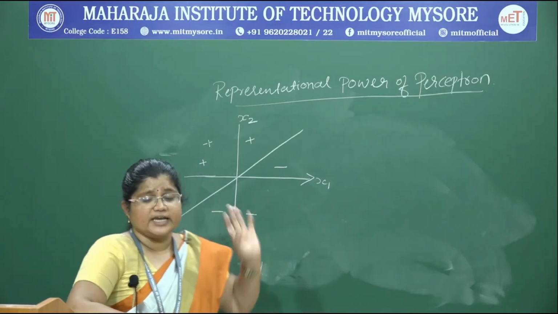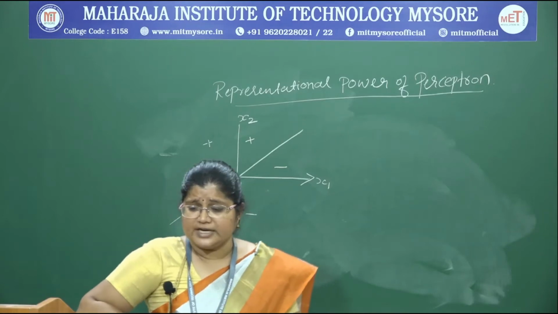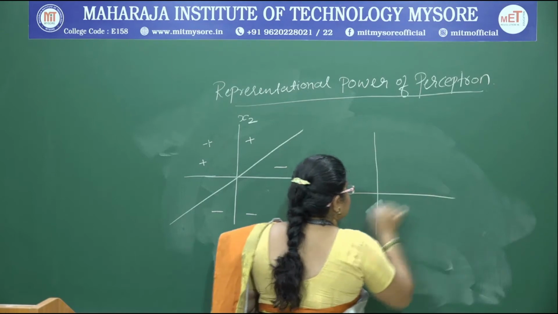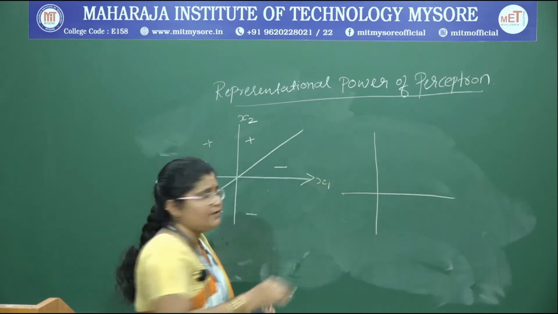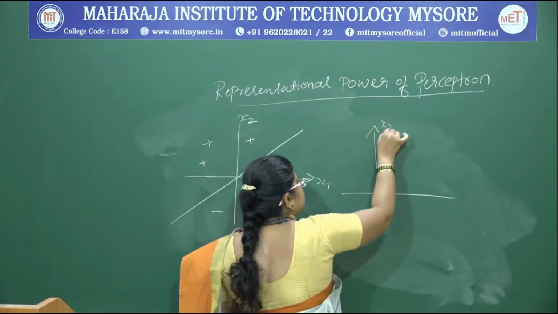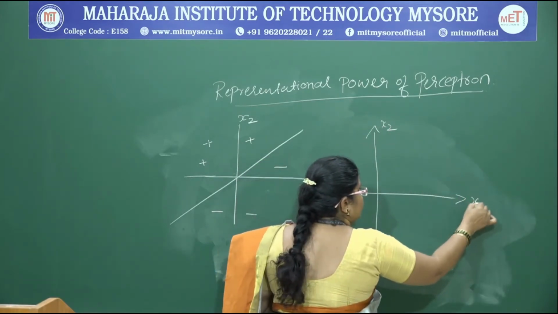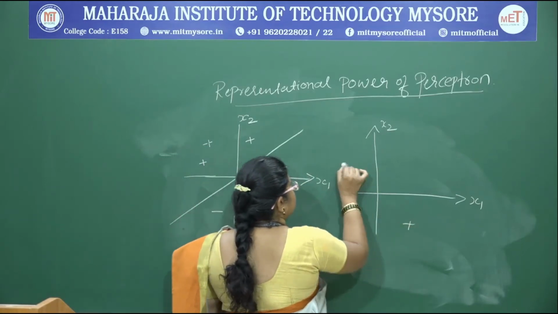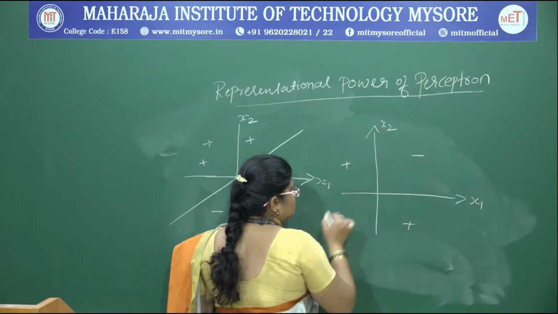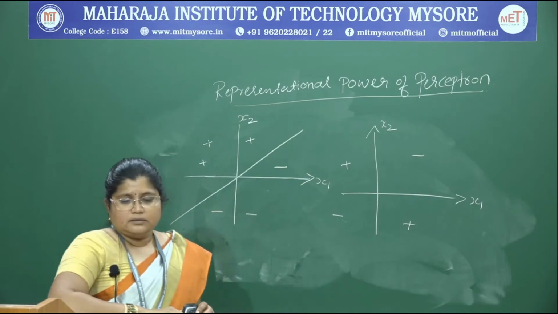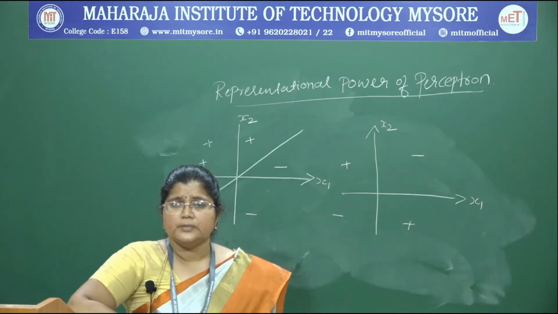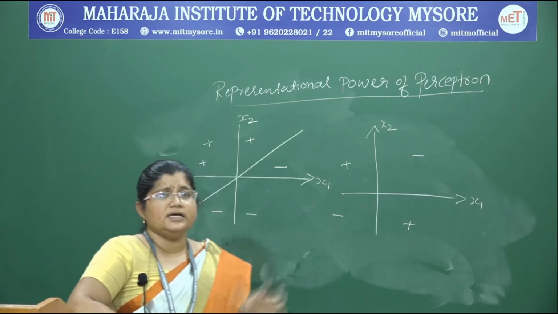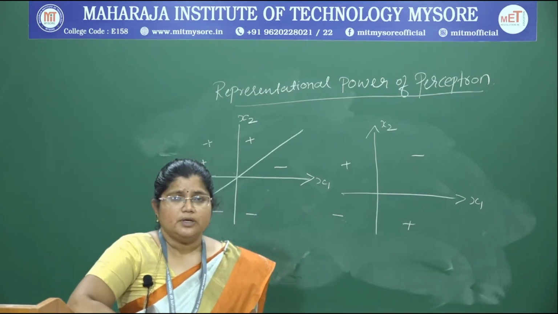Now let us come to the second diagram. In this diagram, once again we have two inputs, x2 and x1. You have plus, plus here, minus and minus. Now the next step is we need to separate the positive instances and negative instances by the perceptron.